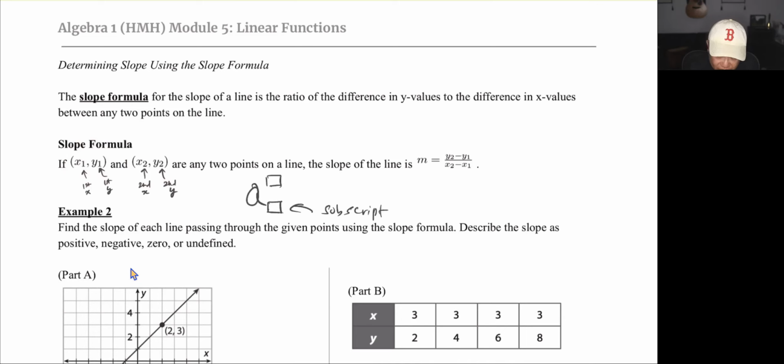If you put it up on the upper right-hand corner, that is a superscript, writing above. So a subscript tells you it's the first one, the second one, or the third one.